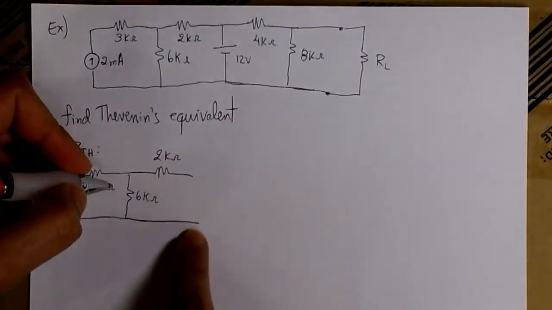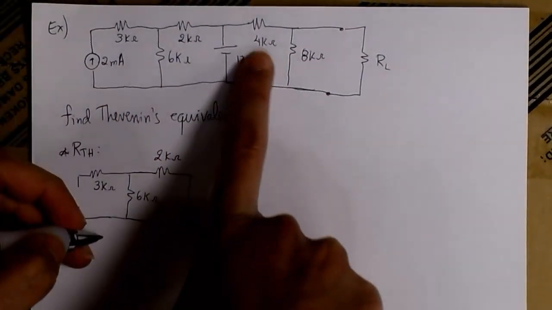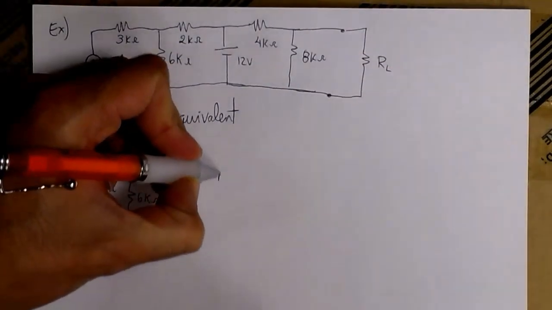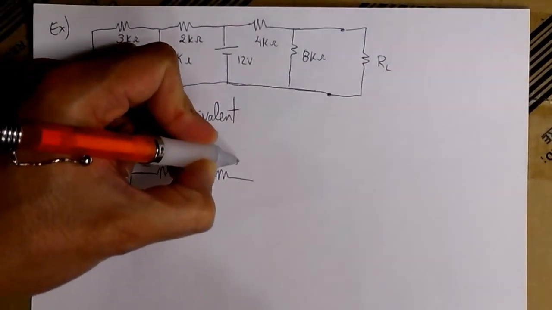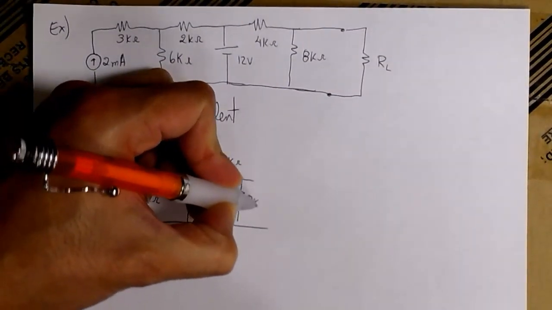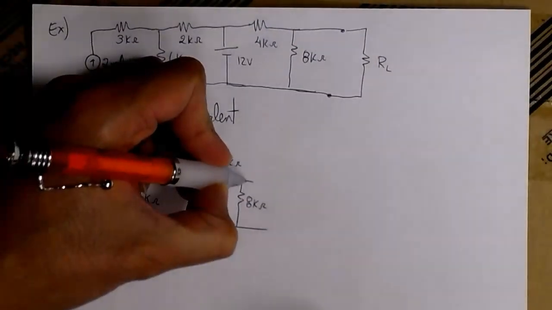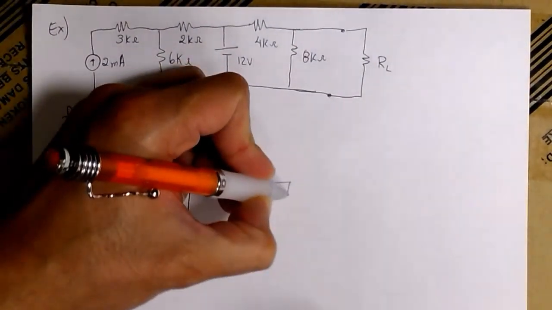Now the 12 volt source, we replace that with a short circuit that is basically just a wire. Then we have the 4K and 8K. So 4K here and 8K there. And here we have the load.